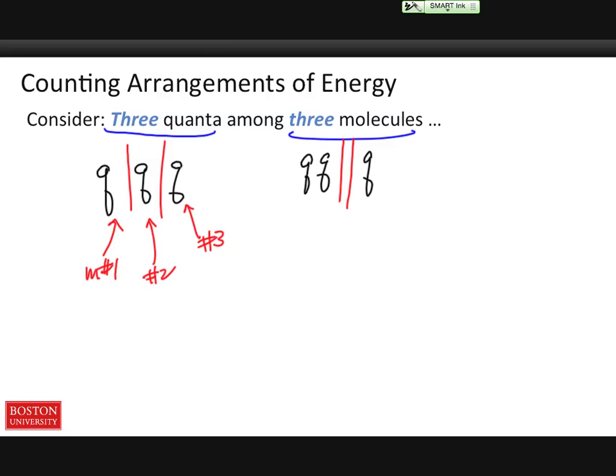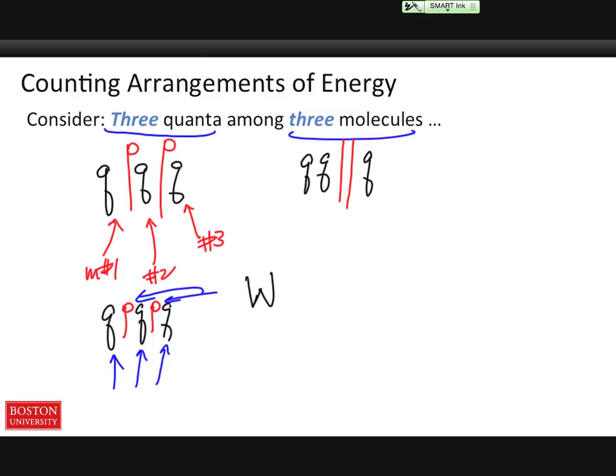I'd like to show you a trick for counting quanta. If I take each of these partitions between molecules and I turn them from a line into a P for partition, we find something very interesting. Trying to arrange 3 quanta on 3 molecules, and 3 molecules just means having 2 partitions between molecules, really comes down to arranging 2 different types of objects, 3 of object Q and 2 of object P.